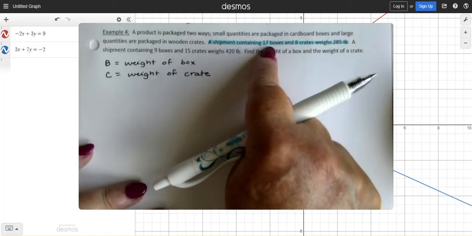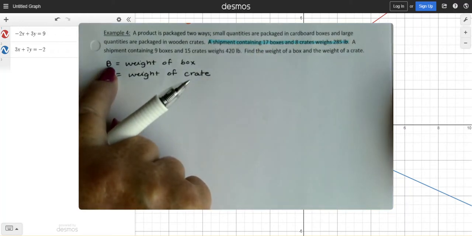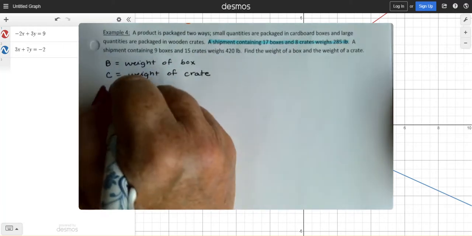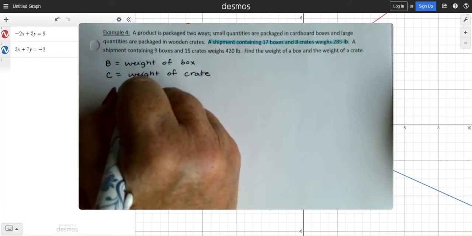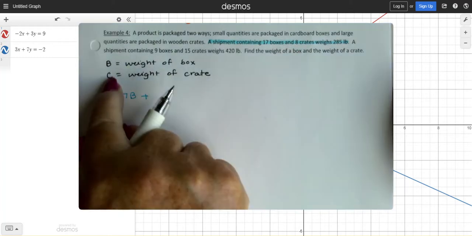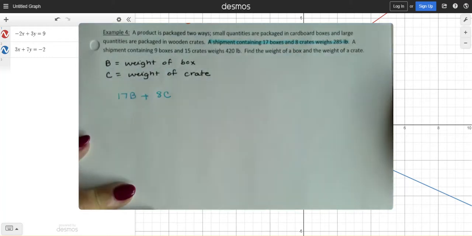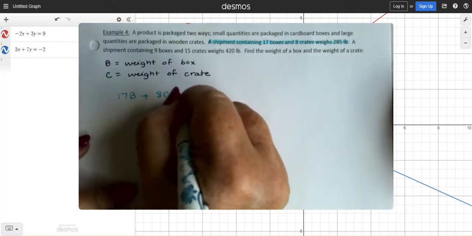If I have 17 boxes, the total weight of them would be 17 multiplied by B, the weight of one box. Plus, I also have 8 crates in this shipment, and each crate weighs C pounds, so I'm going to have to add 8C. And that equals the total weight of 285.